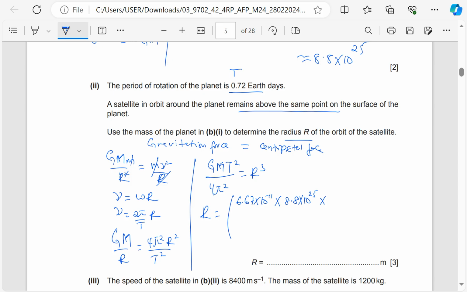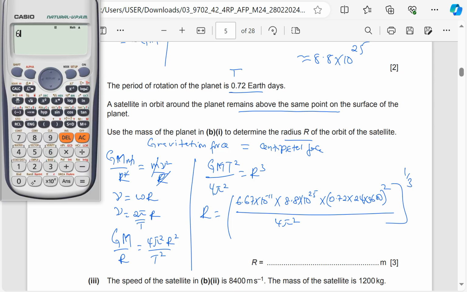The period is 0.72 Earth days. So the period is going to be 0.72 times 24 times 3,600 to change it to seconds. This is going to be squared, divide by 4 pi squared. This is going to be to the power of 1 over 3 because it is the cube root.